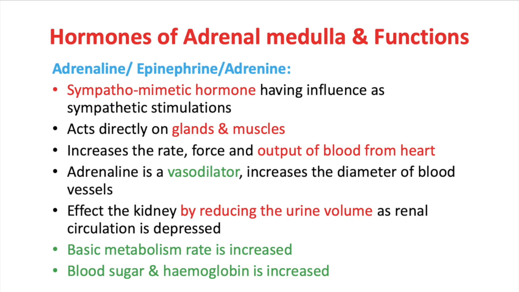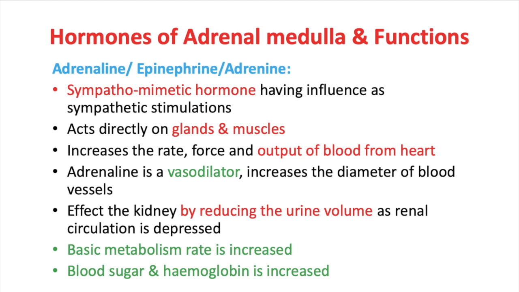They act directly on glands and muscles and increase the rate, force, and output of blood from heart. Adrenaline is a vasodilator and it increases the diameter of blood vessels. It also affects the kidney by reducing the urine volume as renal circulation is depressed.